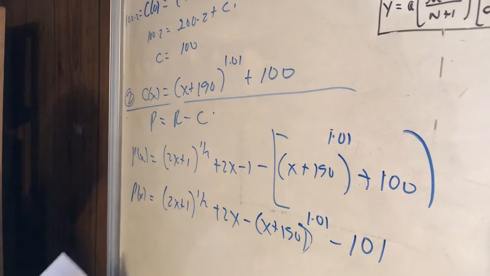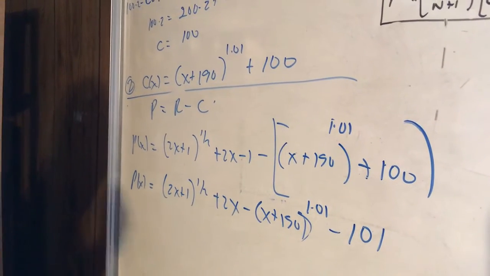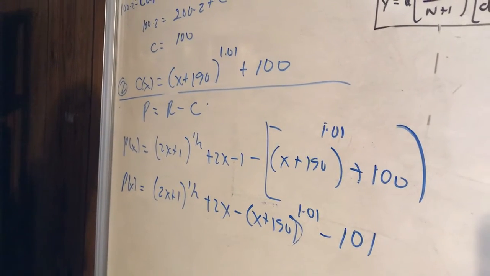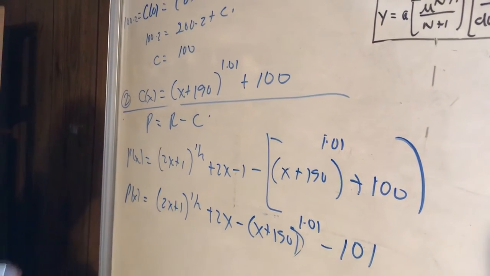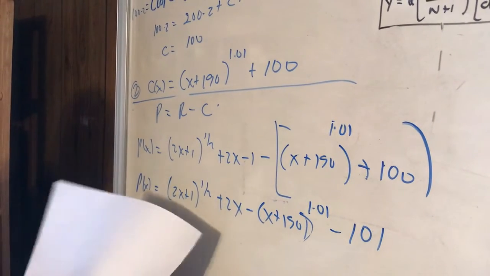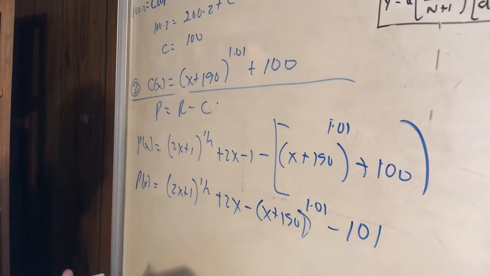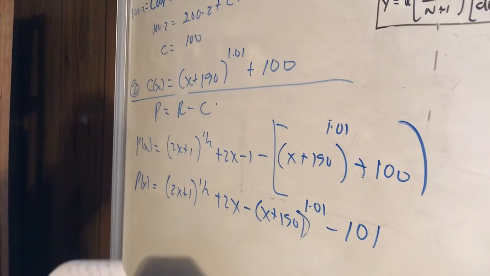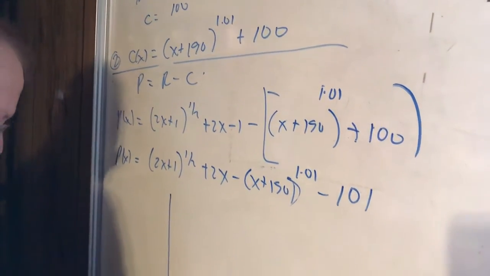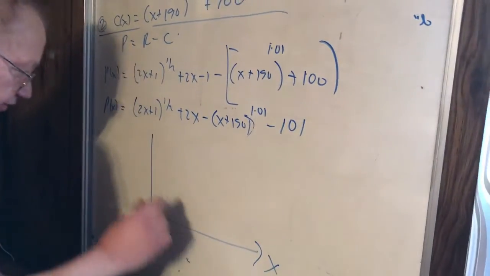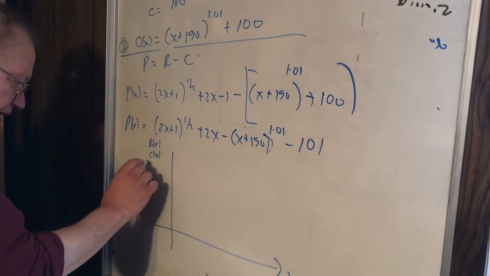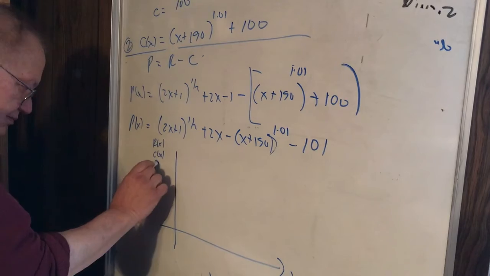Now, as you can see, this is a pretty complicated thing to take the derivative of. So I've done a little bit different case in this case, just to change it around. What I did actually is graph this. The windows were pretty much standard, but I took a graph here of x, R of x, C of x.